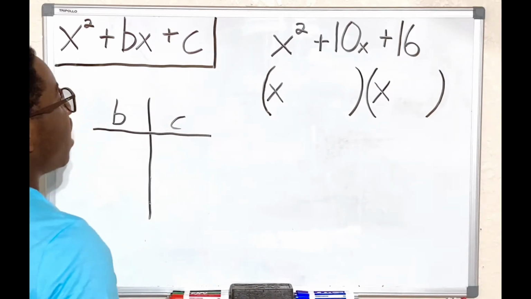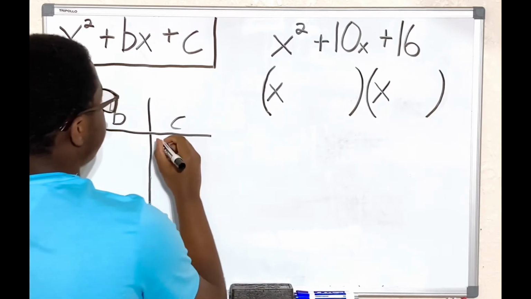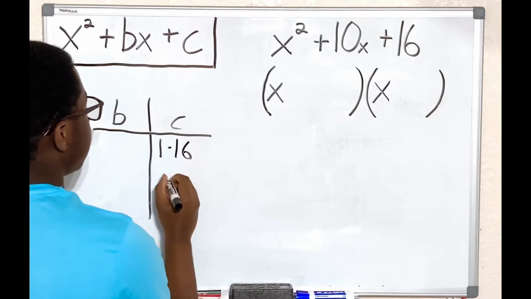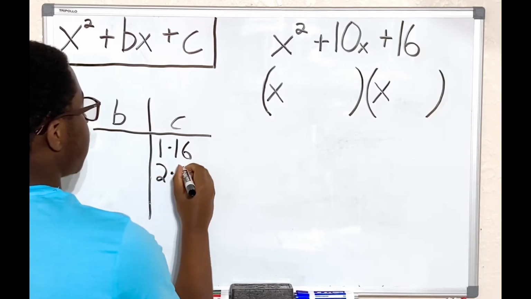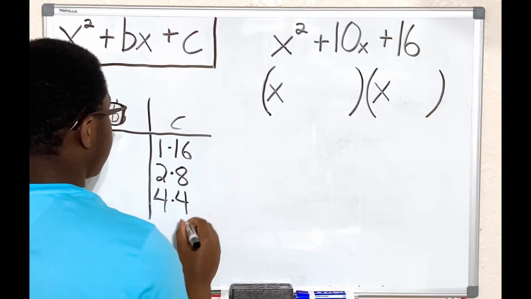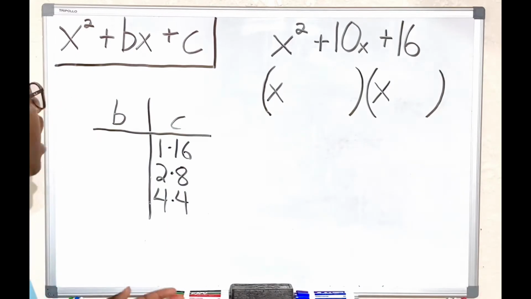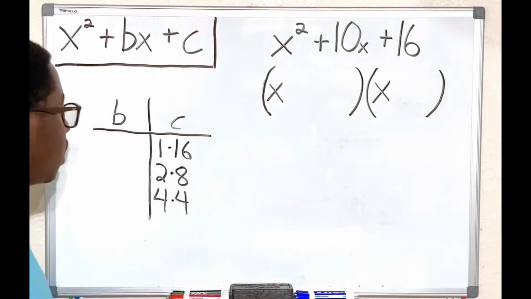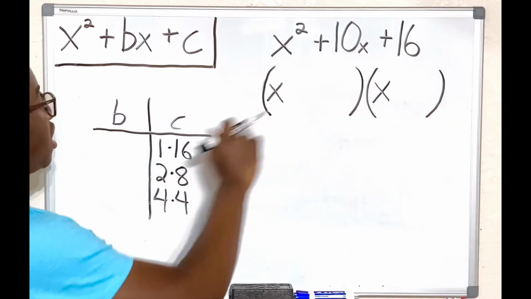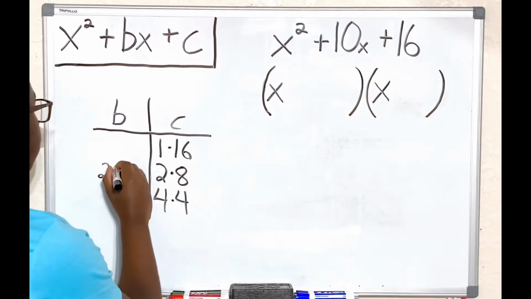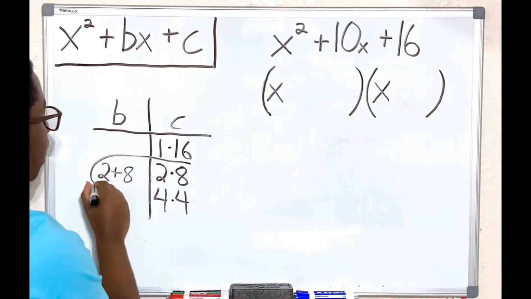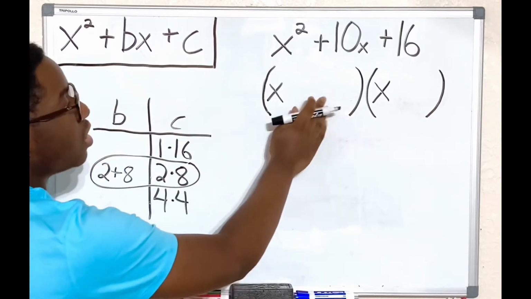We have 16, so we're finding multiples of 16: 1 times 16, 2 times 8, and 4 times 4. One set of numbers here will add up to give us b, which is 10. 2 times 8 gives us 16, and 2 plus 8 gives us 10. So we know that 2 and 8 are the answers to this trinomial.